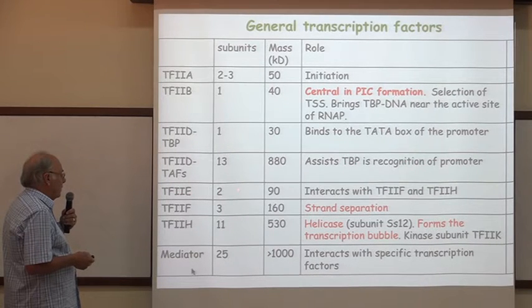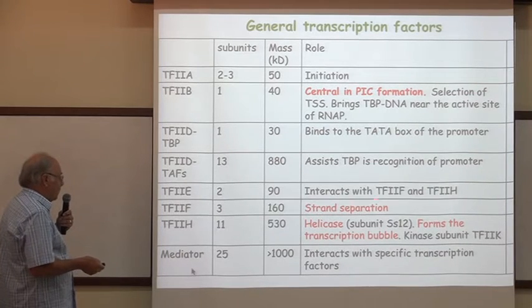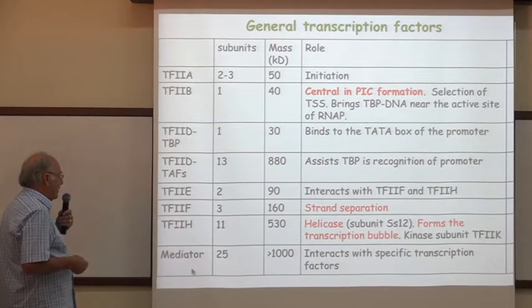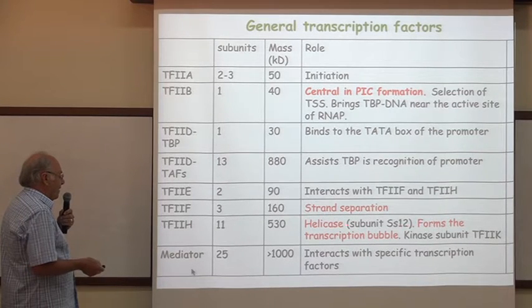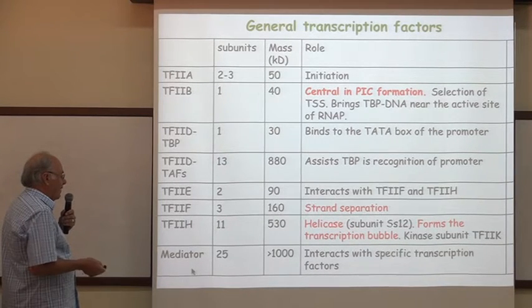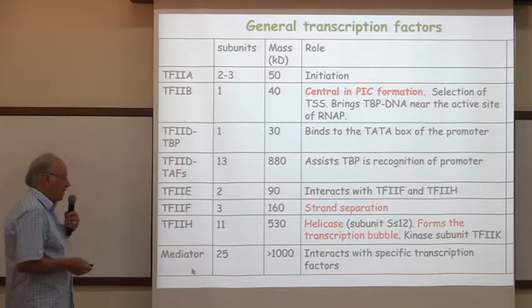TFIIE, 2 subunits, TFIIF, 3 subunits, and this is the helicase involved in strand separation. No, sorry, it's helping in strand separation, but it's TFIIH, which is the helicase, and actually this 1 subunit out of the 11, XPB, which is the actual helicase.